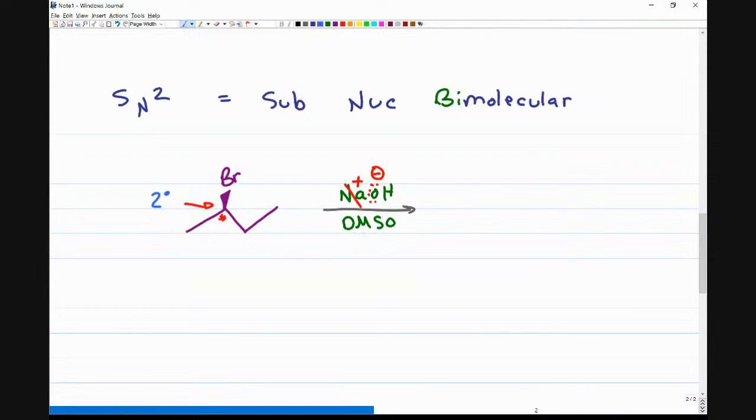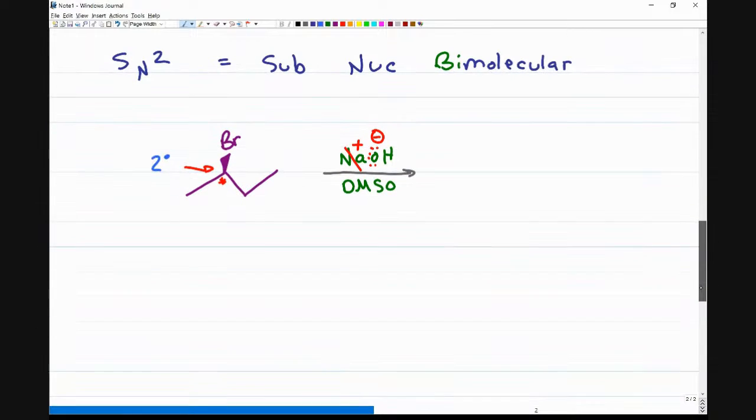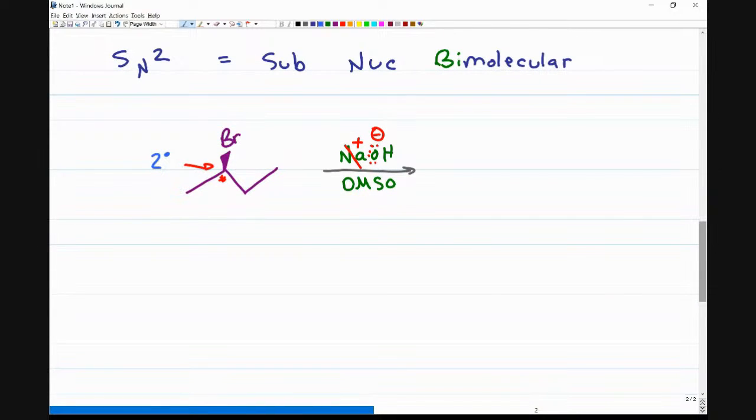DMSO is a solvent that you've probably not seen before getting into substitution elimination reactions. DMSO stands for dimethyl sulfoxide, and it looks like this. We have a sulfoxide, sulfur double bonded to an oxygen, and on the sulfur we have 2 methyl groups.